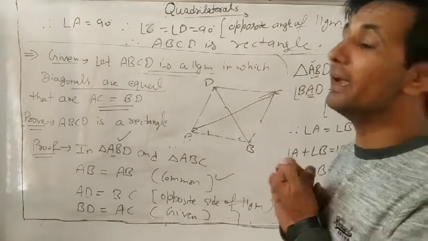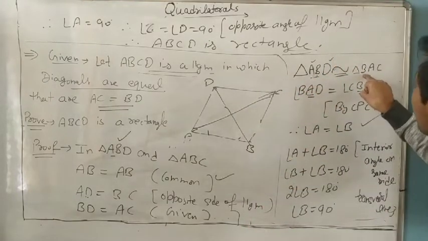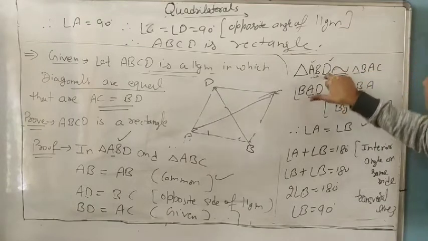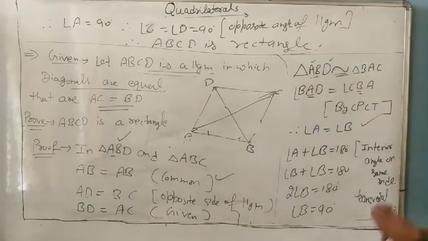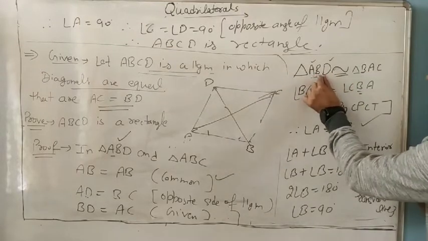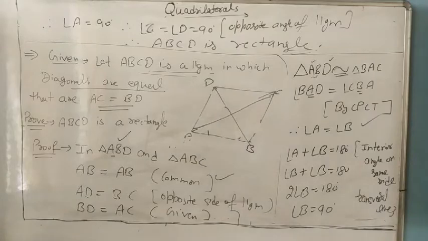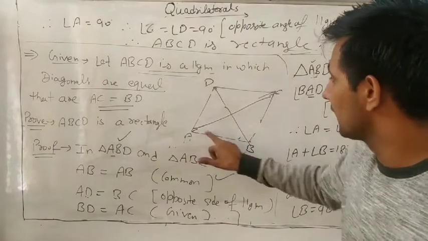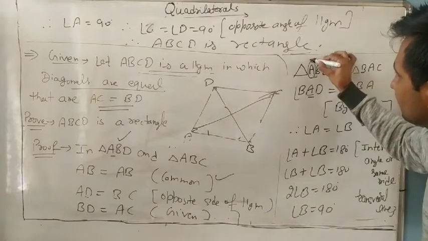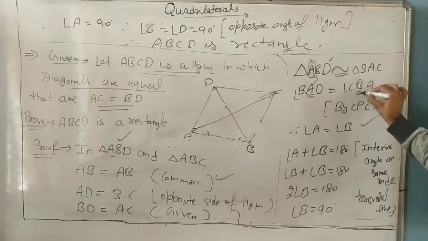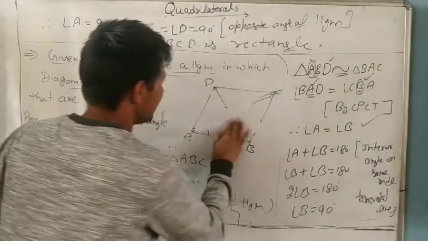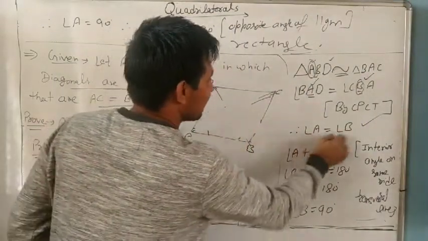Corresponding parts being equal means angle A equals angle B, angle B equals angle A, angle D equals angle C, side AB equals BA, side BD equals AC. And what we want to prove is that angle A equals angle B. So we will check it. This angle A and this angle B are both equal by CPCT. So angle A equals angle B.